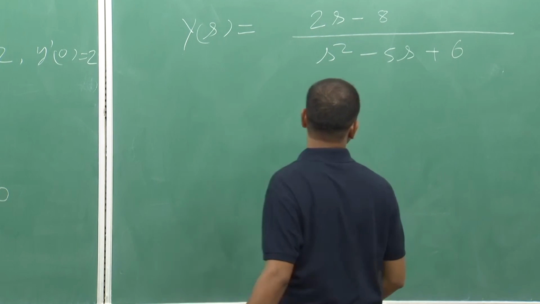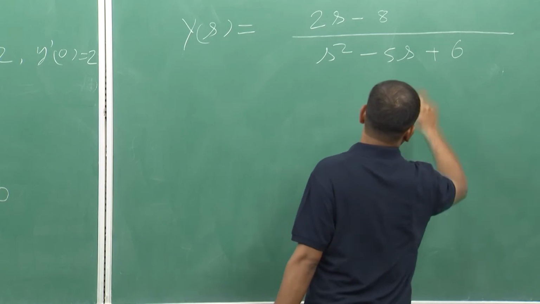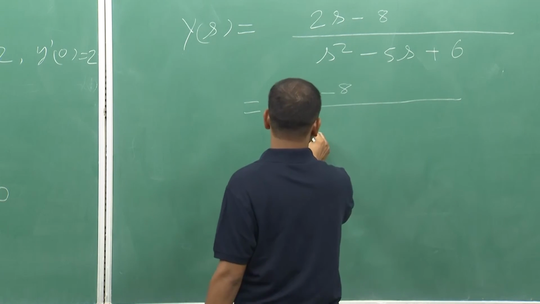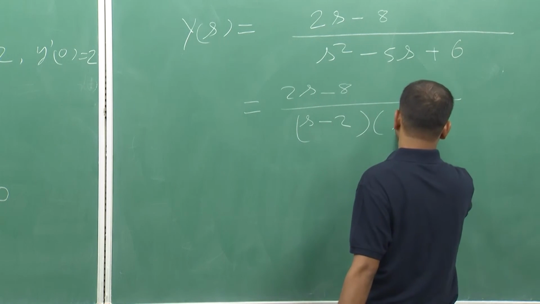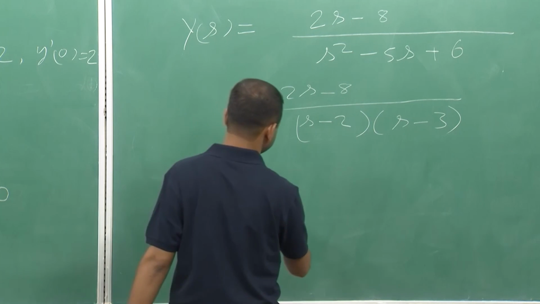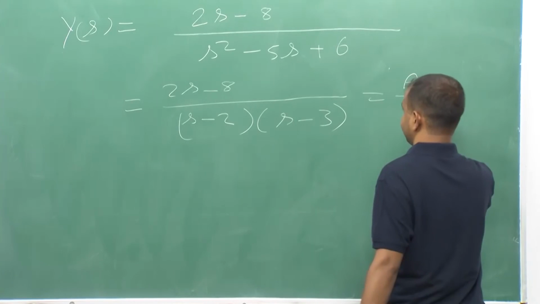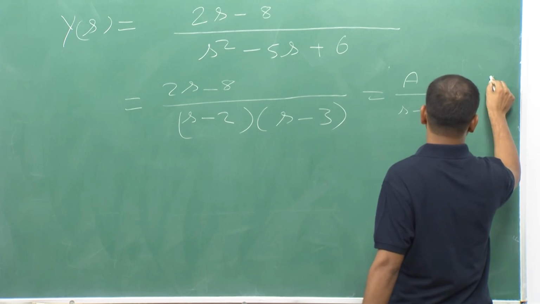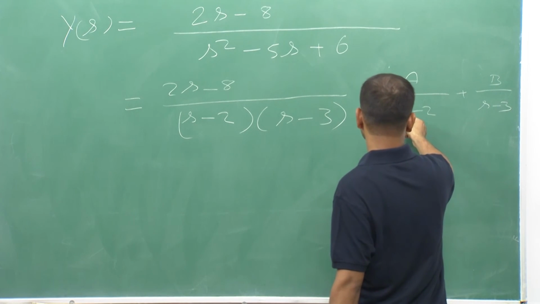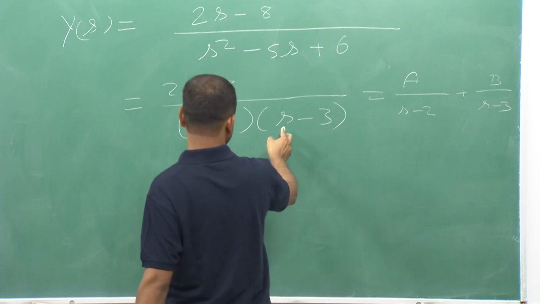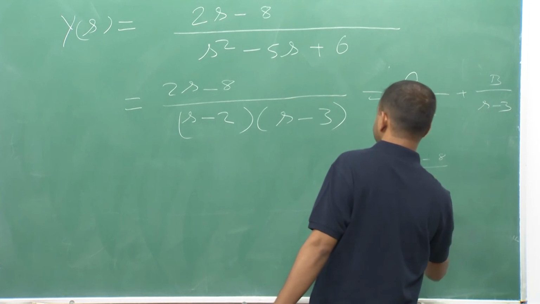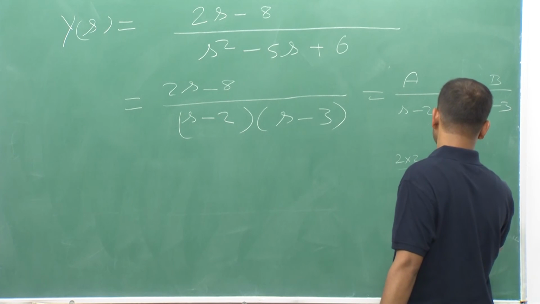And now, if we break it with the partial fraction, the s square minus 5s plus 6, we can write it as s minus 2 into s minus 3, and if I break it into the partial fraction, I can write it is equal to A by s minus 2 plus B by s minus 3, and if I determine the value of A by putting s is equal to 2 and eliminating this term, I will get 2 into 2 minus 8 divided by minus 1. So, this will be 4.